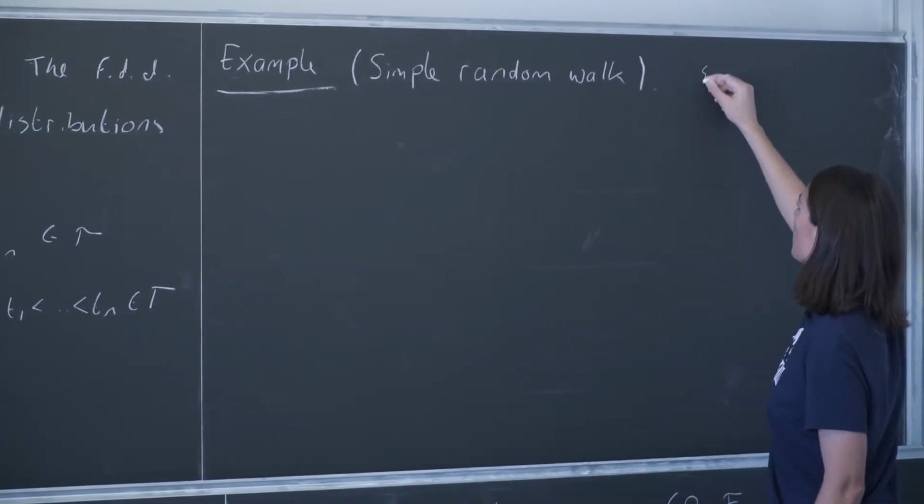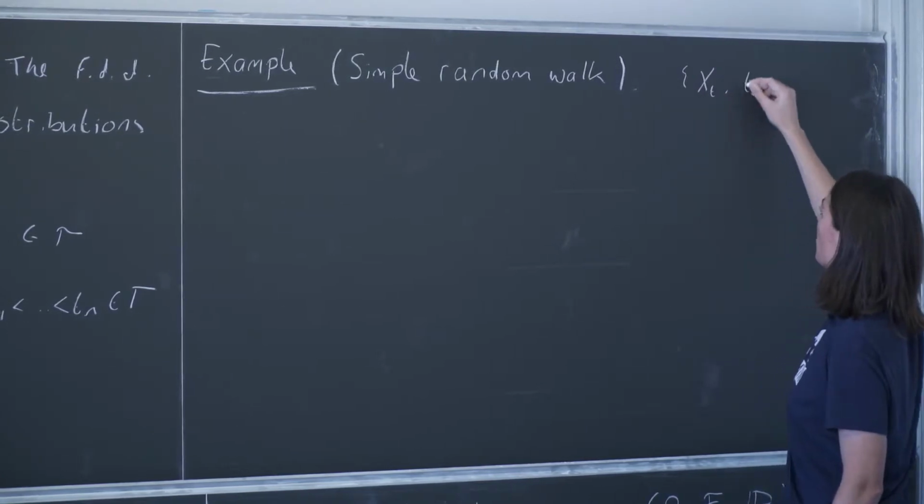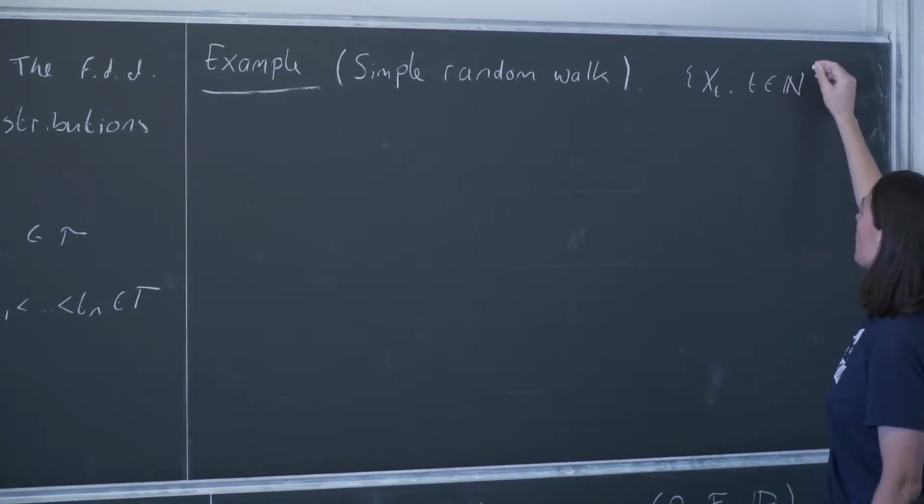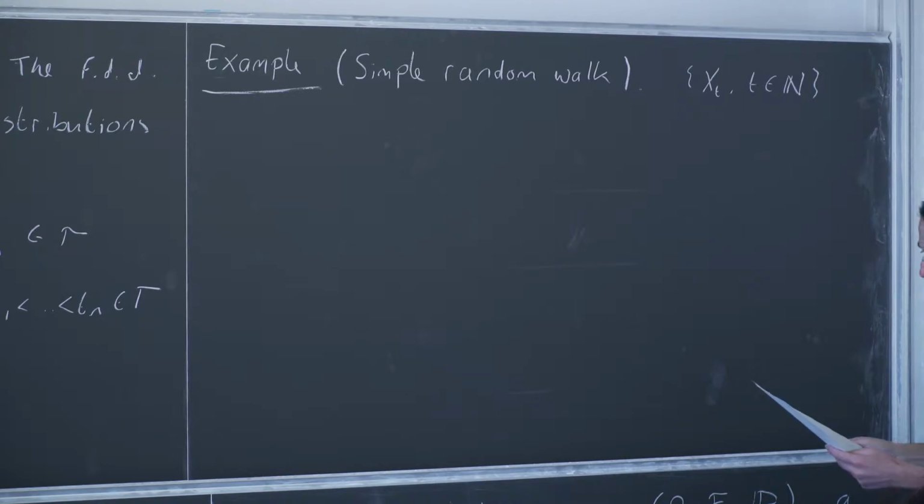Here we've got X_t, and time runs through the natural numbers, so this is a discrete time process.